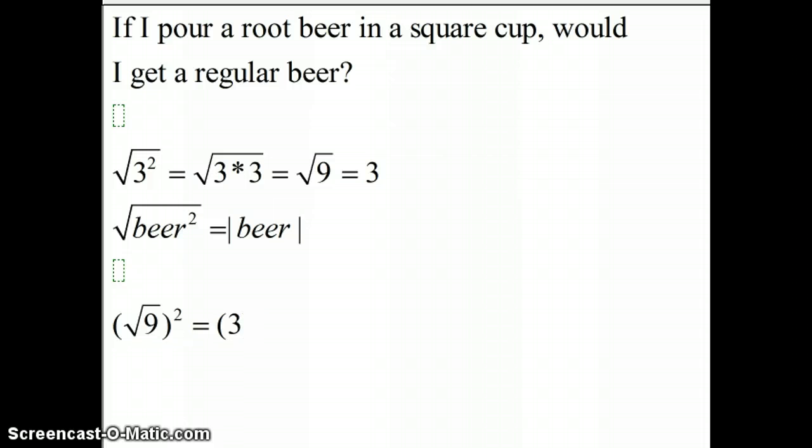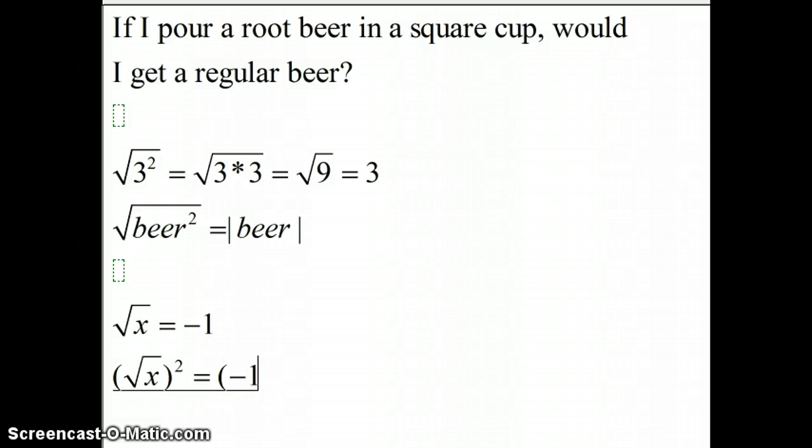So when we're looking at this for all numbers, let's start with a general statement that says the square root of some number x happens to be -1. To solve for x, what I need to do is start by squaring both sides. That's the only way I can get rid of this radical. So it's going to be the square root of x, squared, has to be, now what I do to one side of the equation, I have to match exactly on the other, meaning I'm going to take my -1 and square it here.